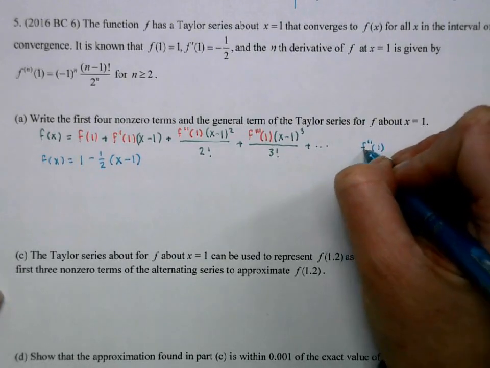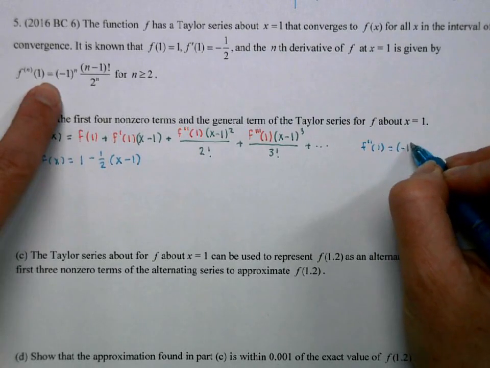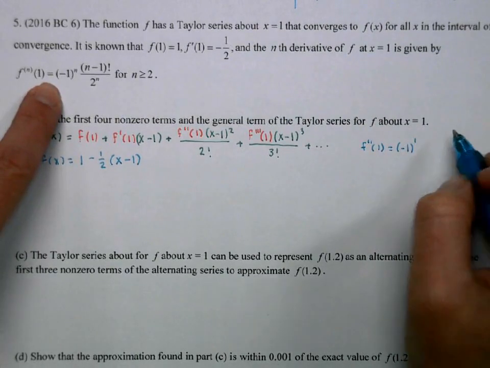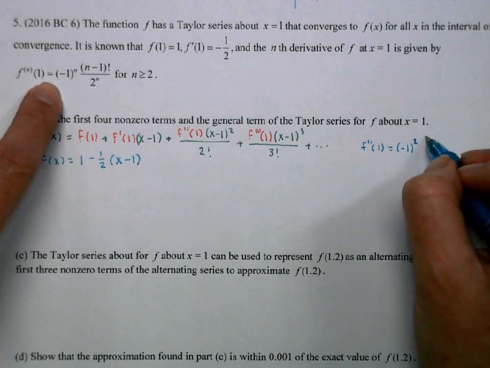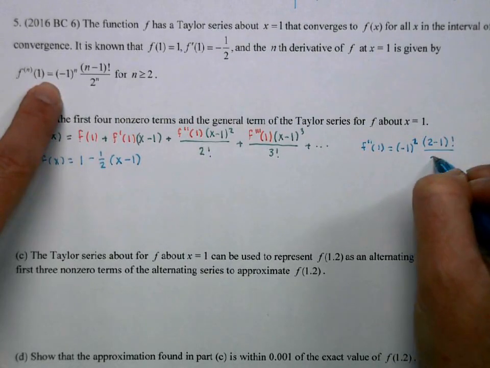Okay, so we have negative 1 to the n, to the 1 in this case, or 2. Then we have 2 minus 1 factorial over 2 to the n.